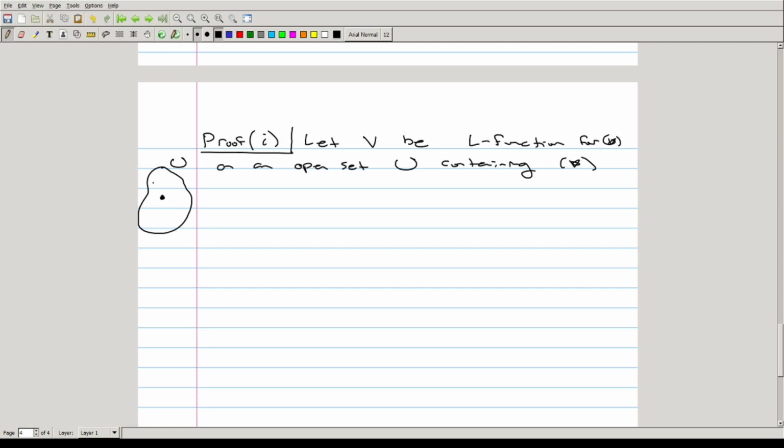Because U is open, we can find a small enough region or ball around the point xi star.